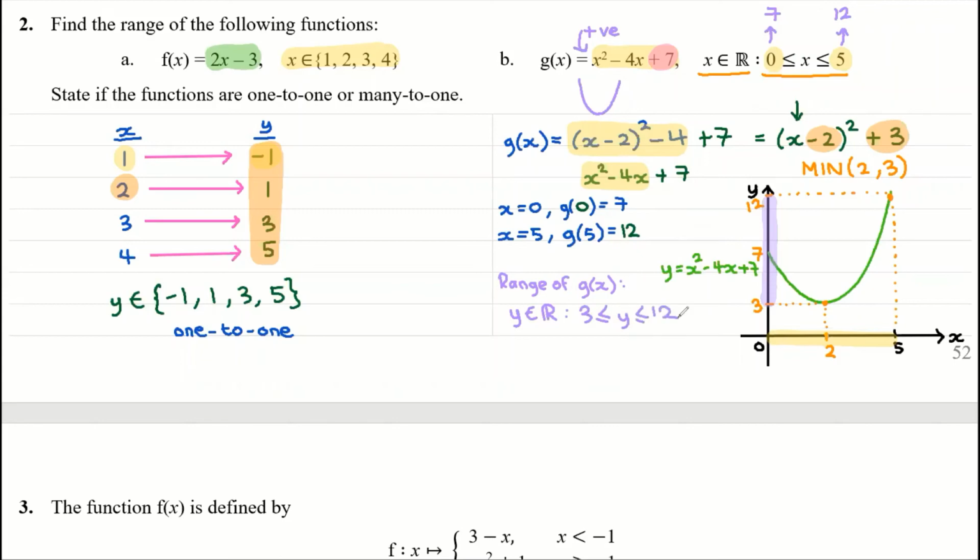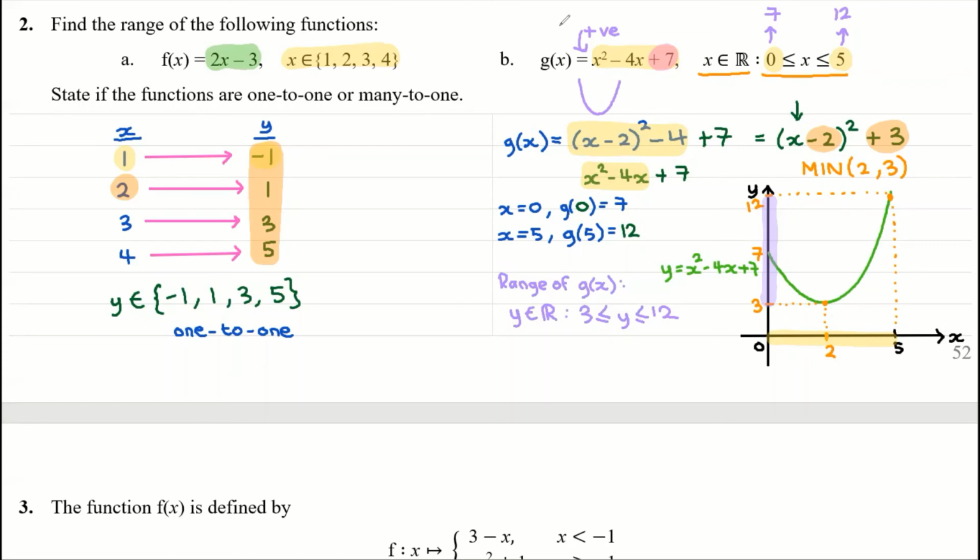All right, and we also have to state whether this is a one-to-one or a many-to-one function. Well, let's look carefully. Let's pick a point which will illustrate what we're trying to show. If it's a many-to-one, you can tell just by reading off in reverse.